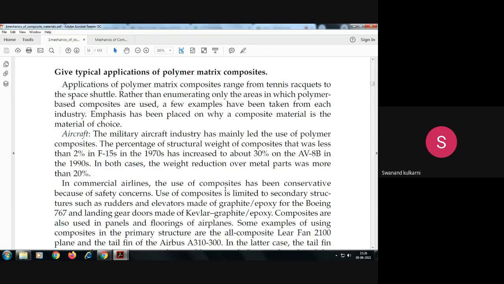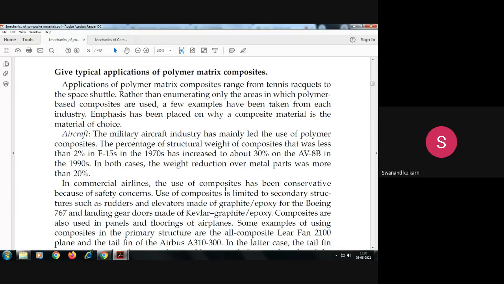In aircraft industries, for example, in military aircraft industry, the polymer matrix composites are largely used. Percentage of structural weight of composites: in the F12S in 1970, now polymer matrix composites are 30% in the aircraft industries.